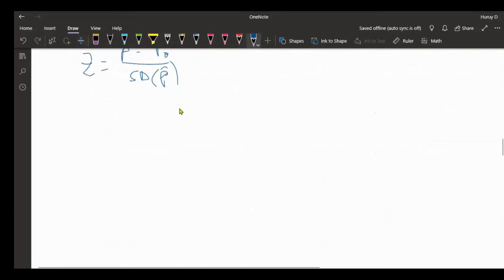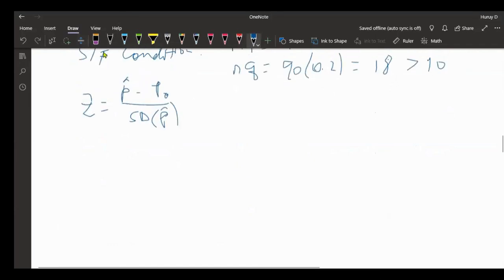Here in step 2, I'm just trying to check the conditions and figure out what my model is, because we have 2 models here in this course that we learned. One is the Z, which is the normal model. And the other one is the T distribution, which we use for finding confidence interval about mean and for testing a hypothesis about mean.